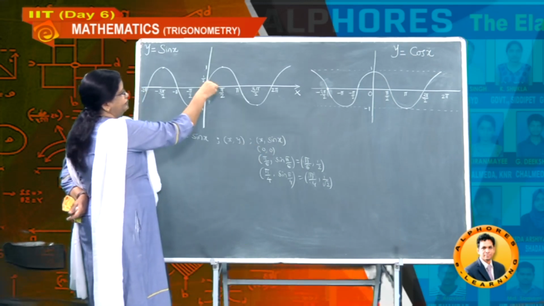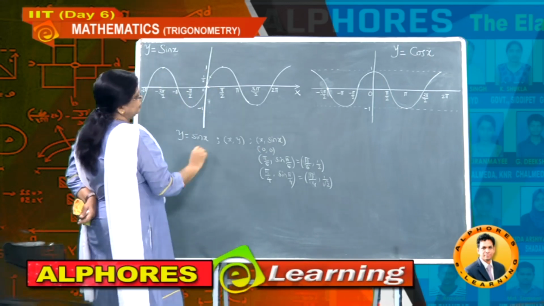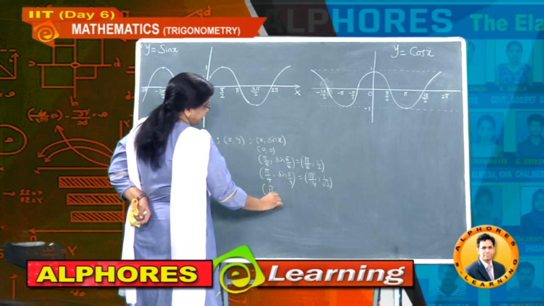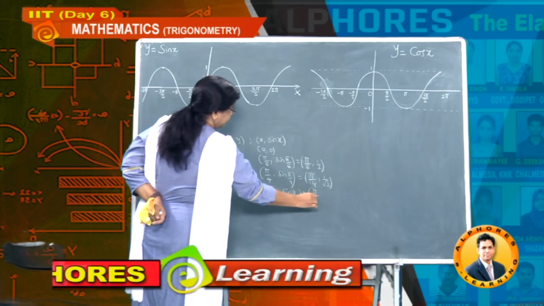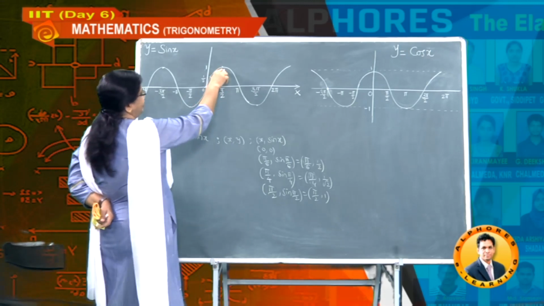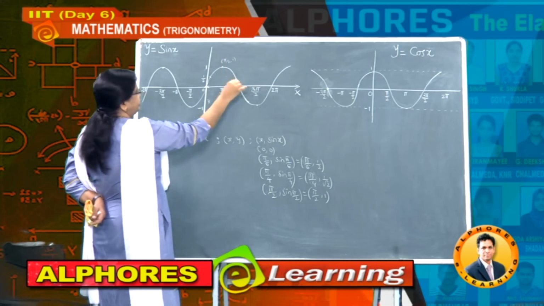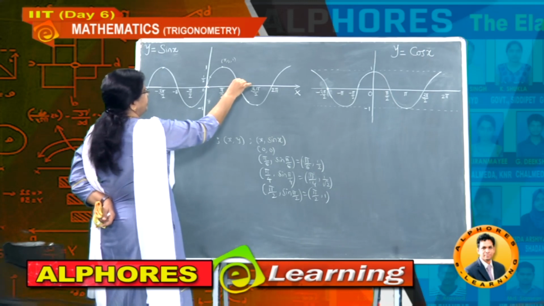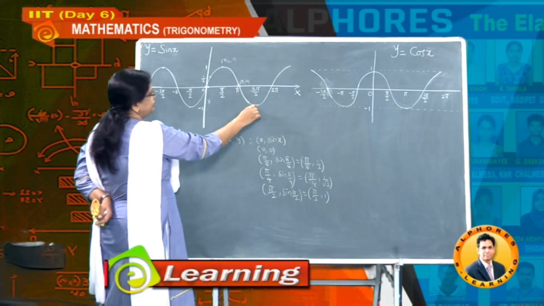If I take x value pi by 2, then correspondingly the y value is sin pi by 2, which is 1. So this point is pi by 2 comma 1. The next value, if I take pi and substitute, sin pi is 0. So this is the point pi comma 0, and next if you put 3 pi by 2 it is minus 1.